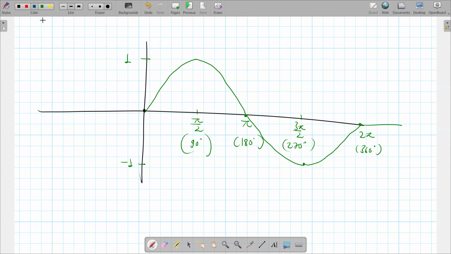Here's a question for you. Given that sine of x is periodic, what is sine of 450 degrees equal to? There are three options: 1, 0, or -1. It's 1. What does sine of 720 equal?